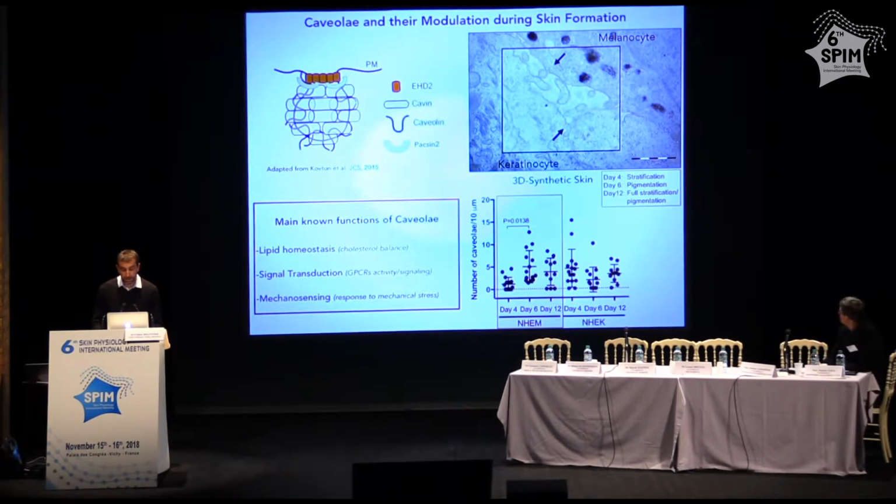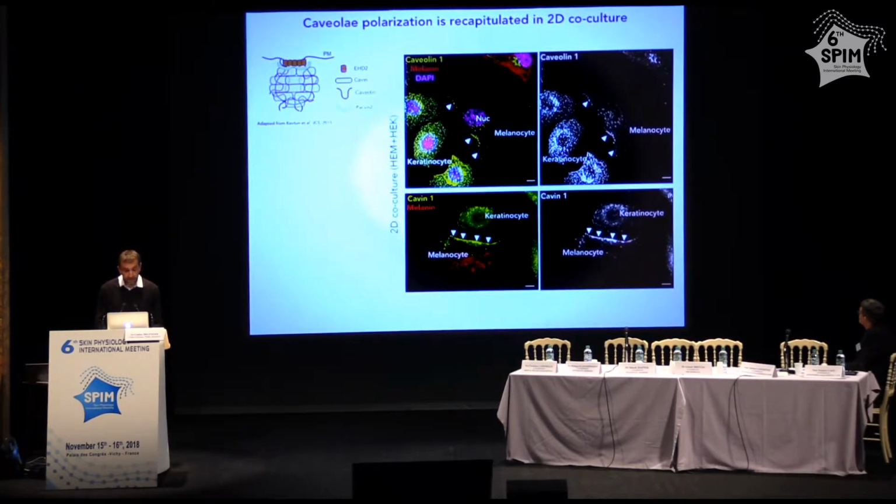So to ease our project a bit, we decided to use a simpler system and go into a 2D co-culture system. Here we used primary human melanocytes and keratinocytes, and we immunostained using antibody targeting caveolin 1 or cavin 1. This is the white spots you can see here.